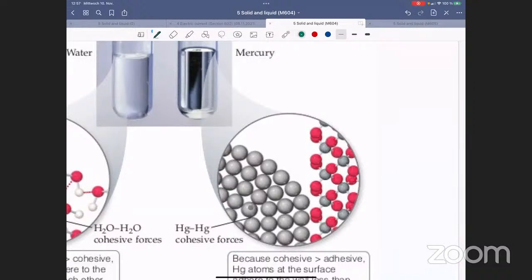And with this type of molecule, they have high cohesive force. They try to stay together. They don't want to be attached to the glass at all.